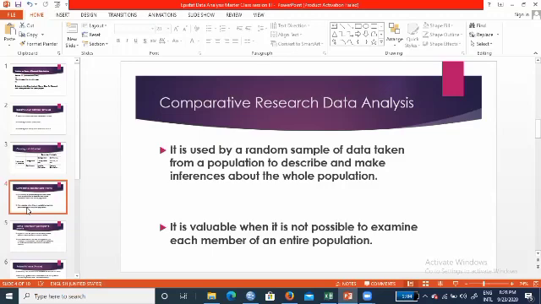Comparative research data analysis is valuable when it is not possible to examine each member of an entire population. Definitely, you cannot really pick everybody in a population and start assaying. If, for example, you want to run the glucose level that we're talking about in Lagos Metropolis, you cannot collect samples from everybody in Lagos Metropolis.